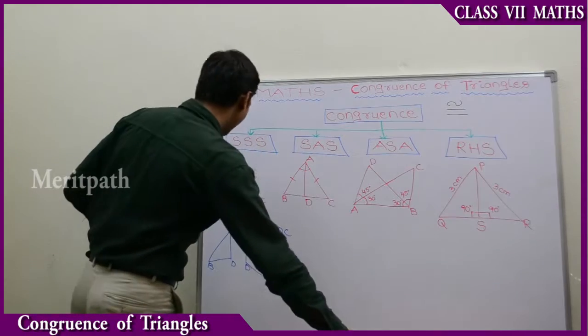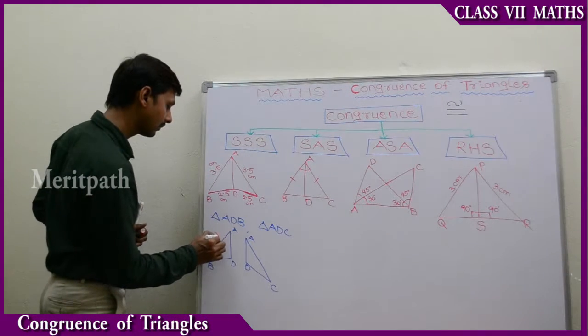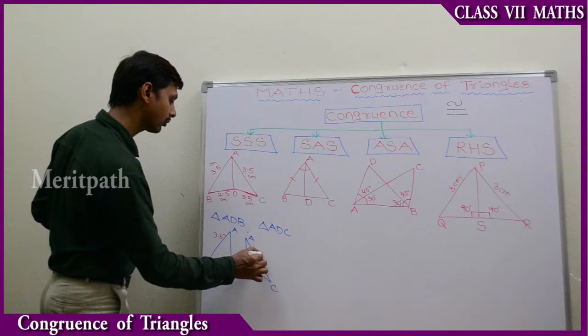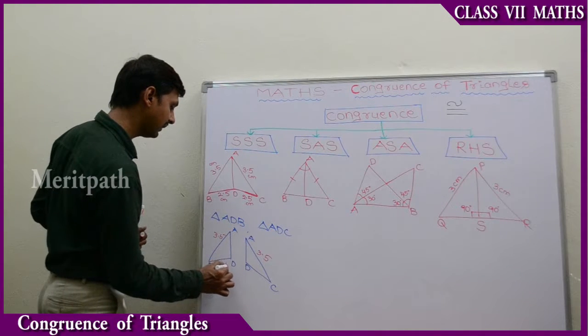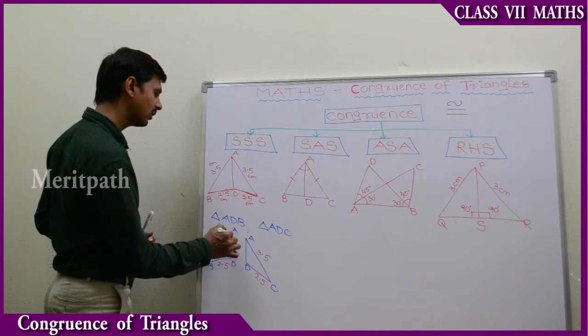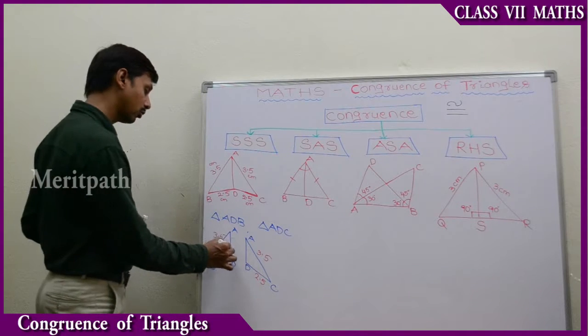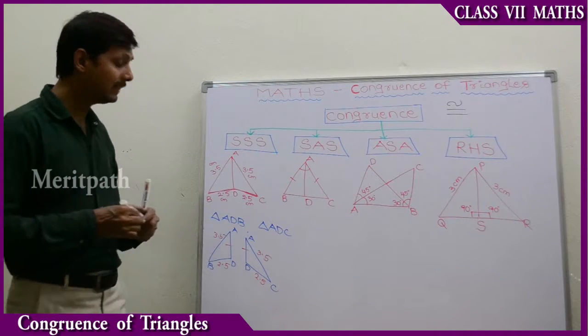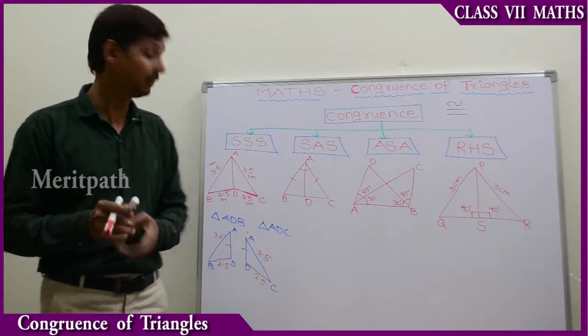AB is 3.5, AC is also 3.5, BD is 2.5 and DC is also 2.5, and AD is a common side for both the triangles.